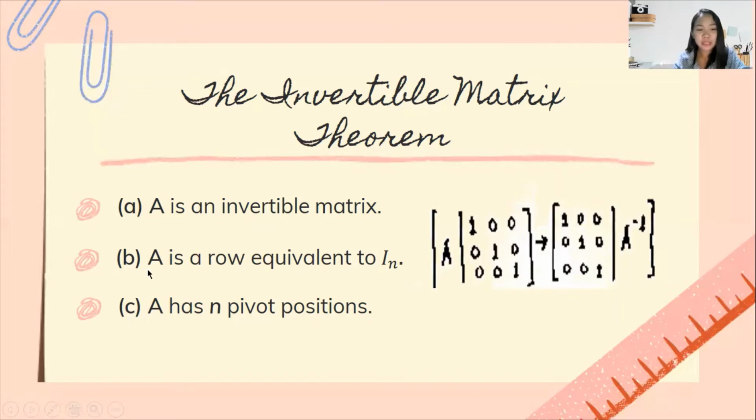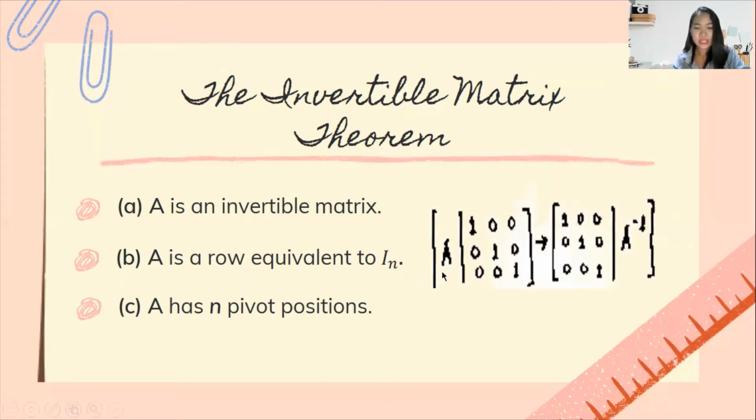So this letter B here says A is row equivalent to the identity matrix. Okay, so next we have B. Yes, A is row equivalent to the identity.